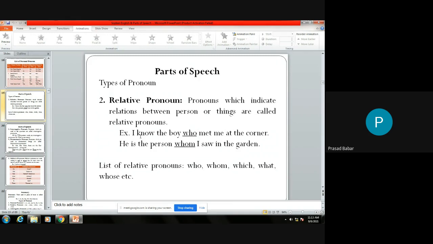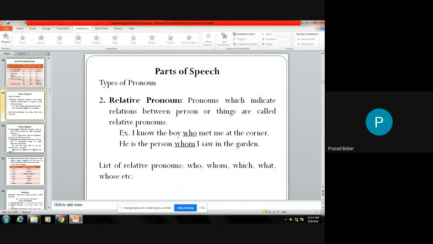Let's take an example. I know the boy who met me at the corner. Okay, that person is speaking about the boy who met him at the corner. So here the underlined word who is called a relative pronoun.